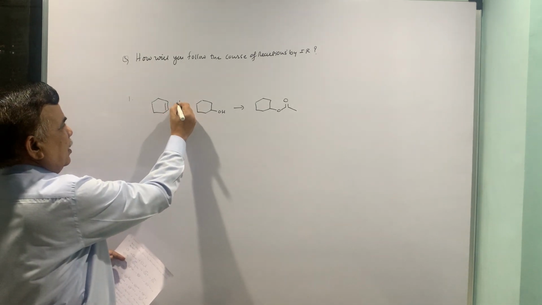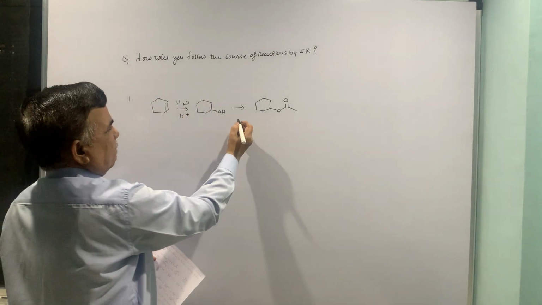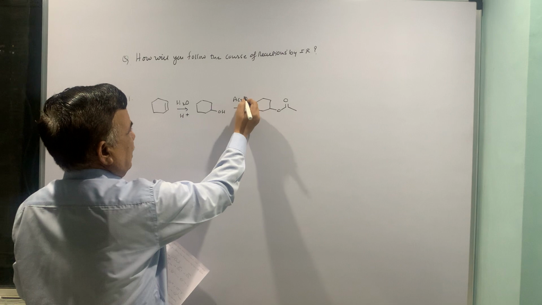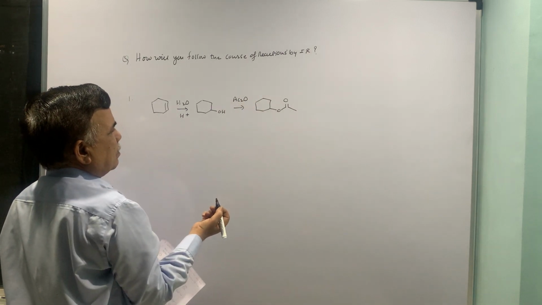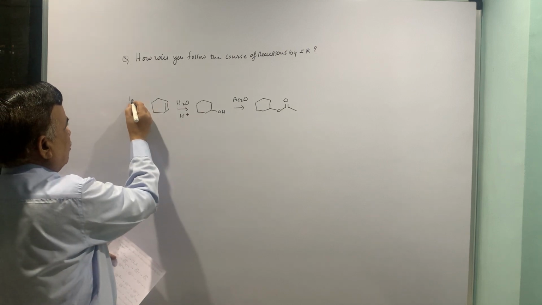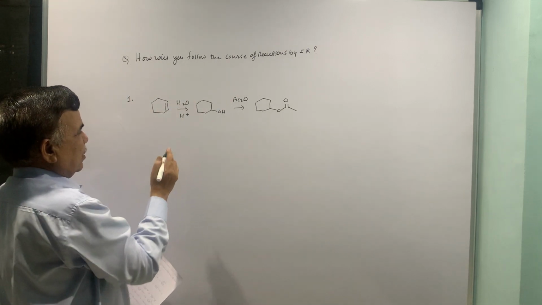So let me put the reagents here. H2O in presence of H plus. Here second is acetic anhydride. Straight away we will give you this. Okay, now that is not the question. Question is how to monitor these reactions.